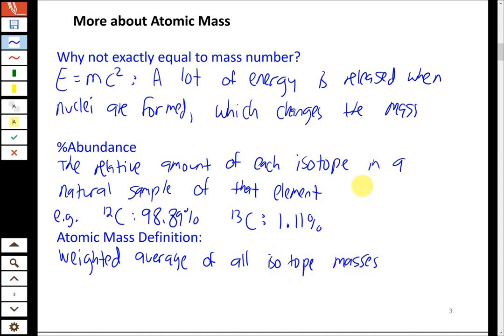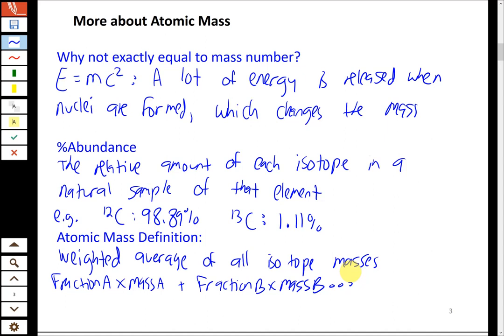So for a generic element, if you have isotope A, you're going to need the fractional abundance of that isotope multiplied by its mass, plus the fractional abundance of the second isotope multiplied by its mass. And you keep doing that for however many isotopes make up that element.